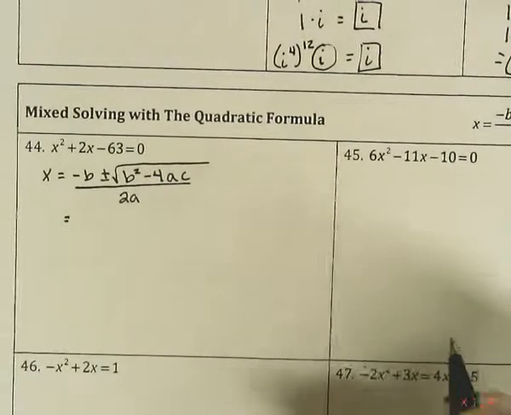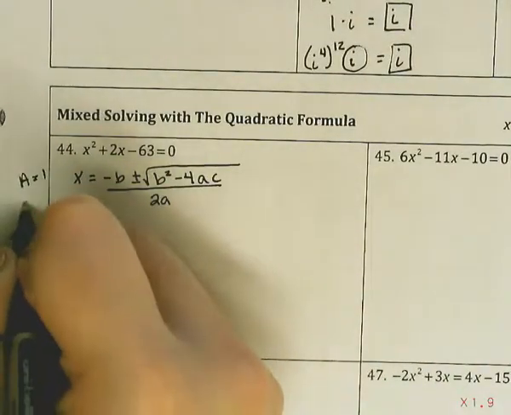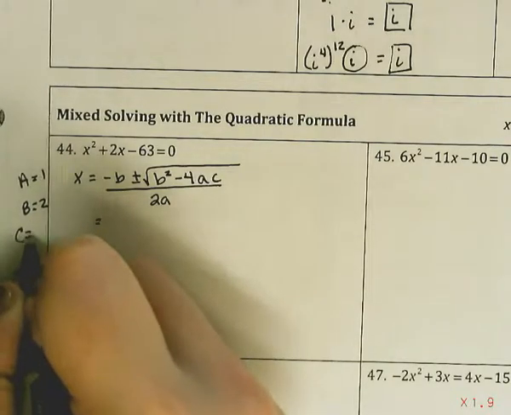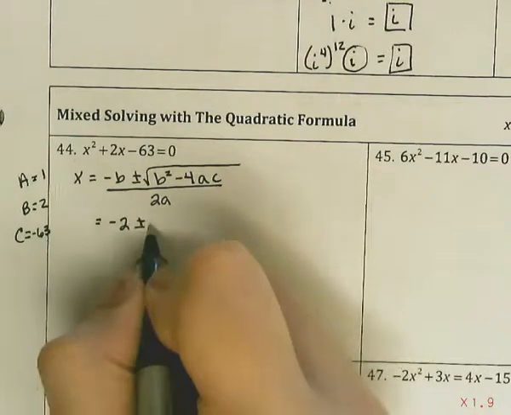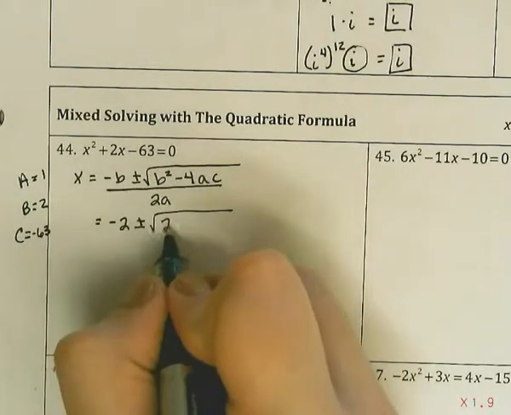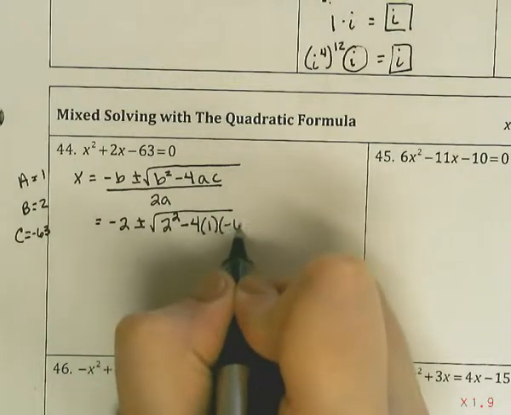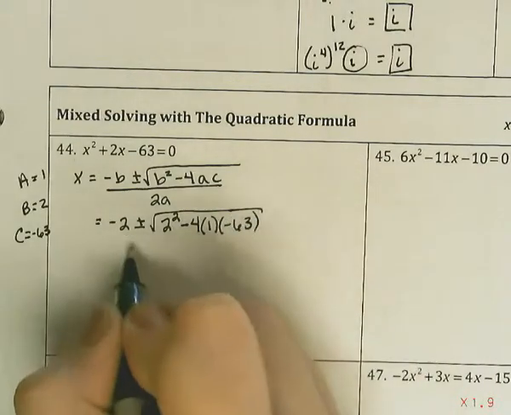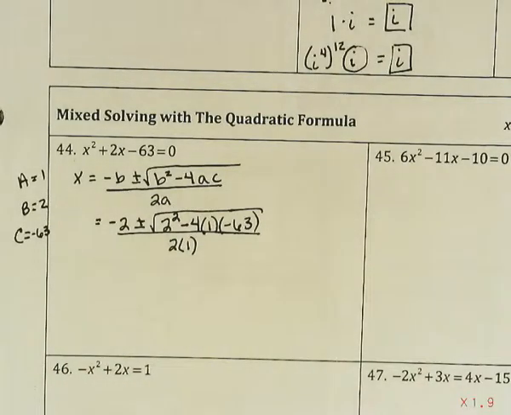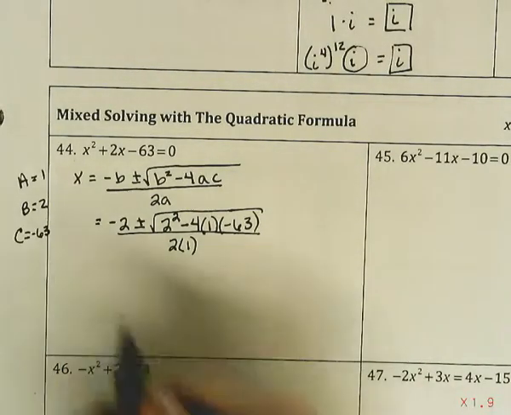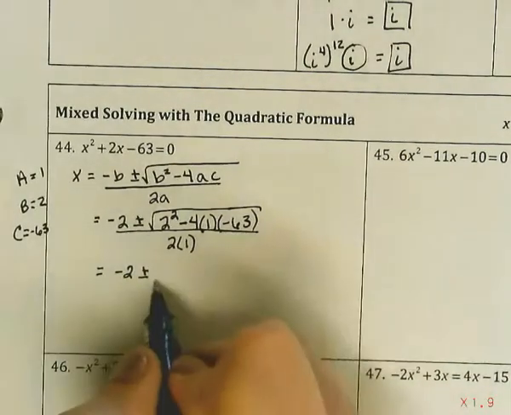Okay, so here we have x squared plus 2x minus 63. So a is 1, b is 2, c is negative 63. So negative 2 plus or minus the square root 2 squared minus 4 times a times c all over 2 times a equals negative 2 plus or minus the square root of something.